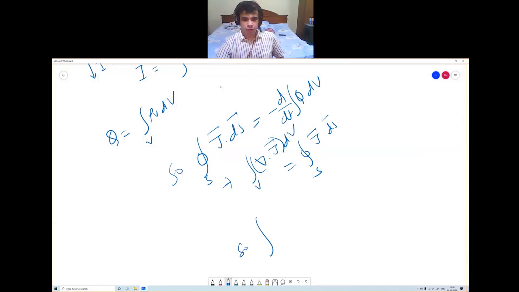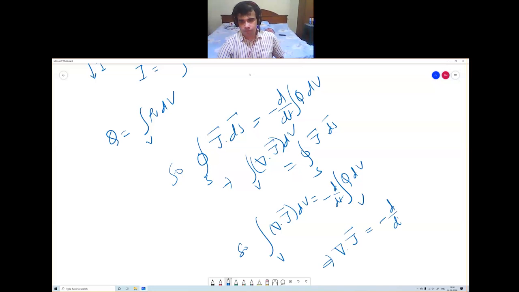So the volume integral of divergence of J dV is minus d/dt of the integral of rho v dV.